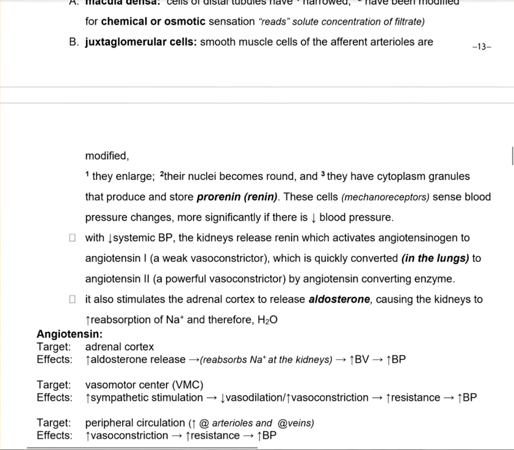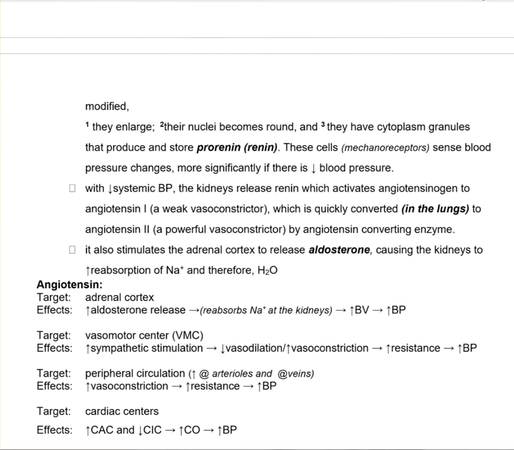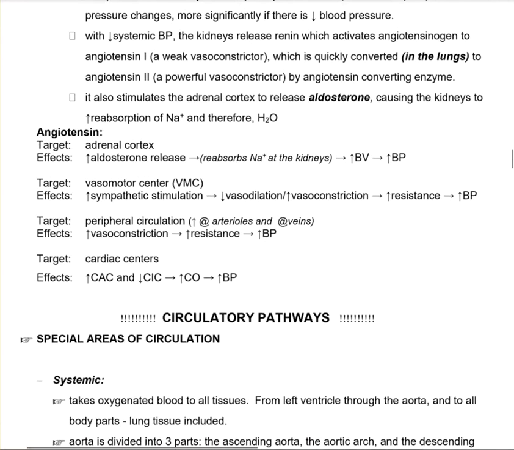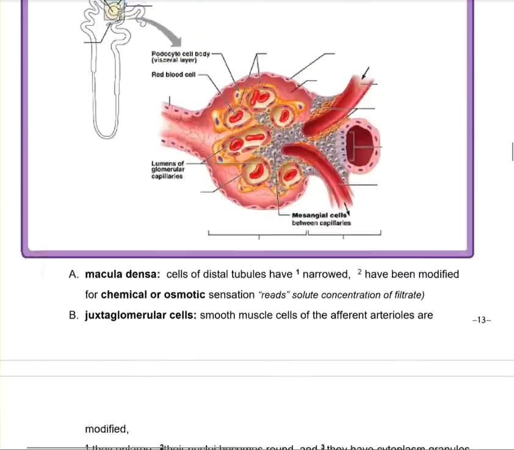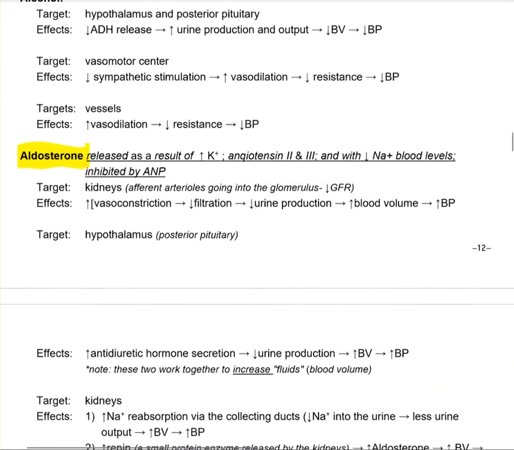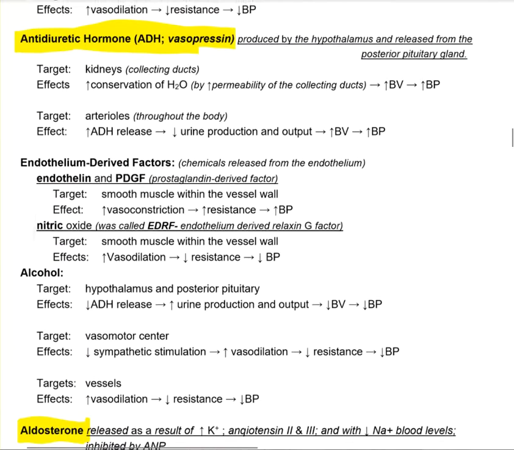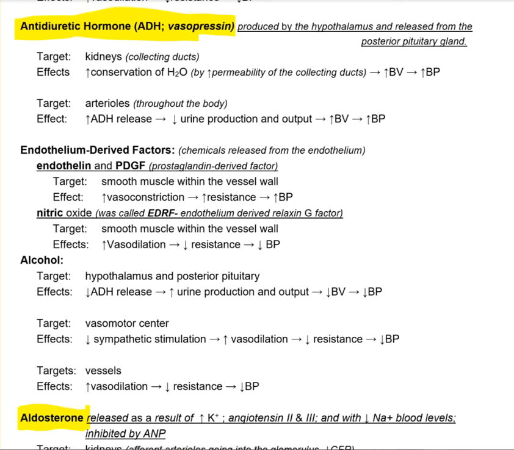And so this goes through that whole process and talks about angiotensin, which we did, angiotensin 1 and angiotensin 2. Okay, and that's where we're going to stop for this lecture. Now, let's go back. There were a couple things that I didn't talk about in my previous video, and so I just want to add one or two things.